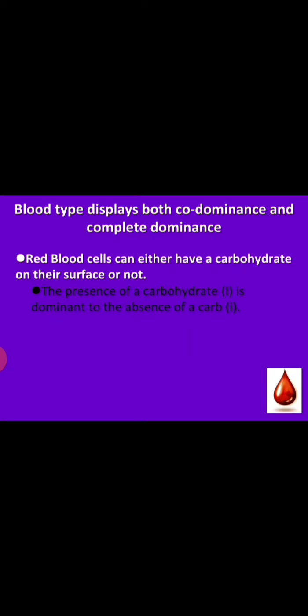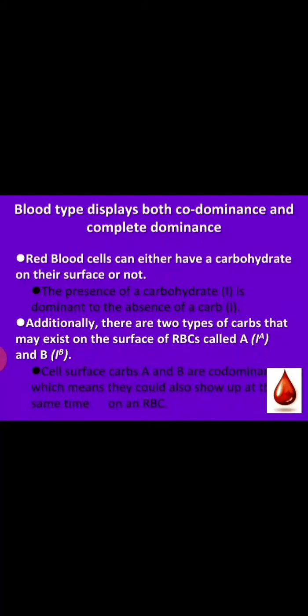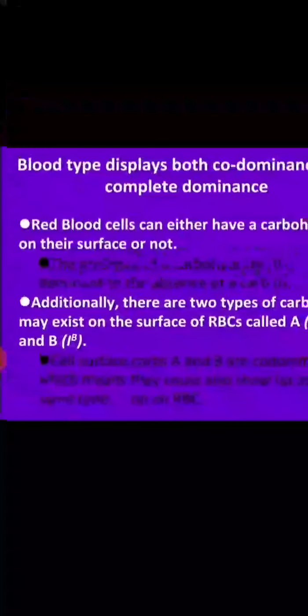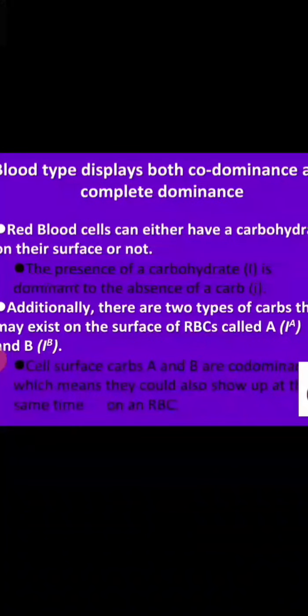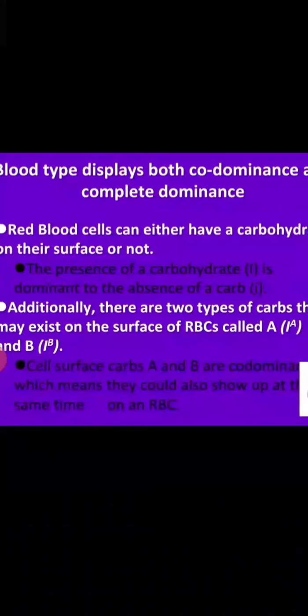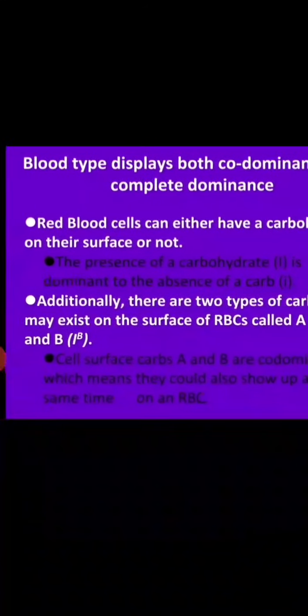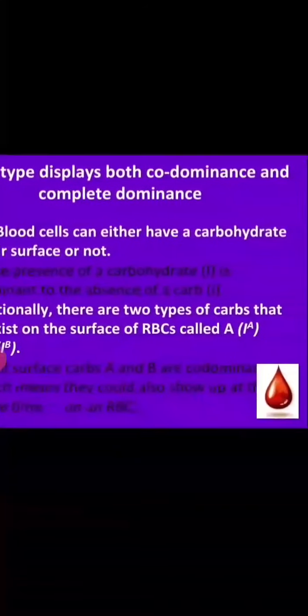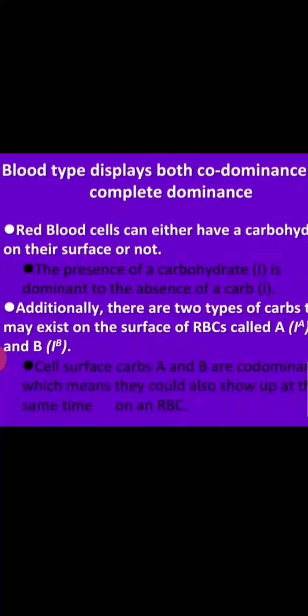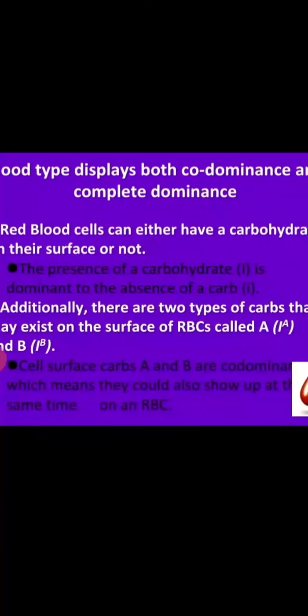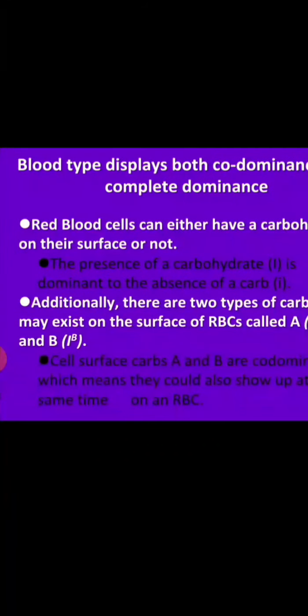Human blood group type displays both codominance and complete dominance. Red blood cells can either have a carbohydrate on the surface or not. Based on this, the presence of a carbohydrate is dominant to the absence of carbohydrate. Additionally, there are two types of carbohydrates that may exist on the surface of RBC, called IA and IB.